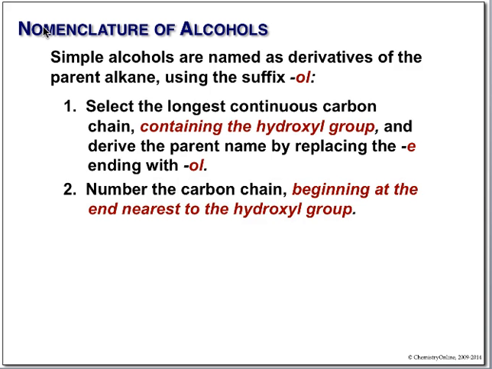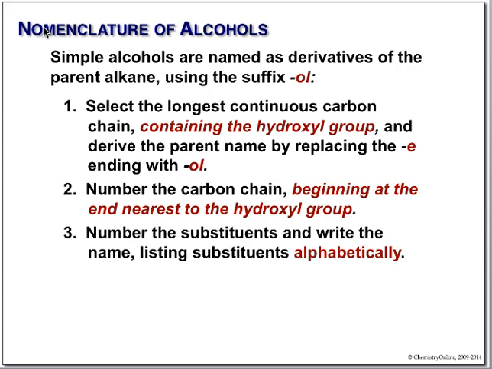We want to give the hydroxyl group the lowest number. And we want to number our substituents, do them alphabetically, and of course we always shoot for our lowest number sequence. Standard sorts of rules.